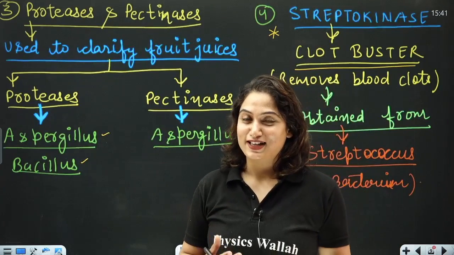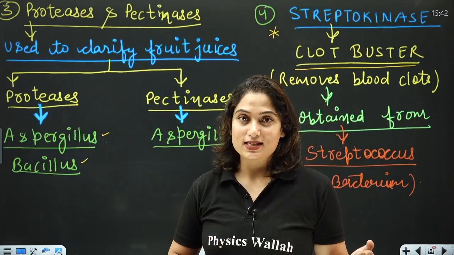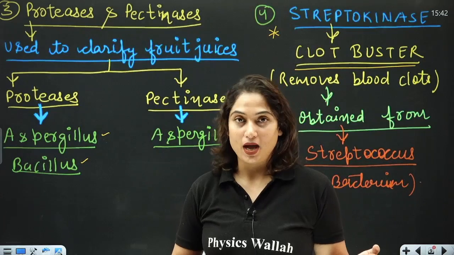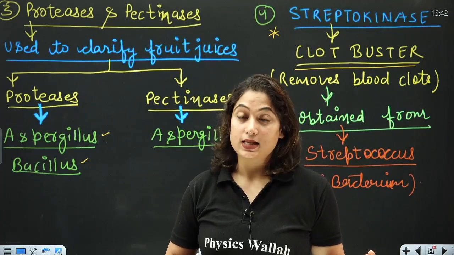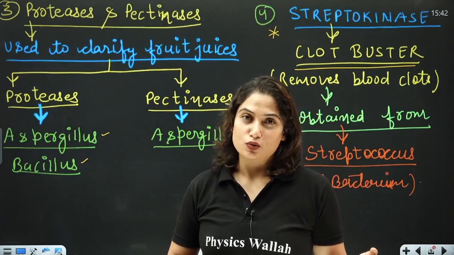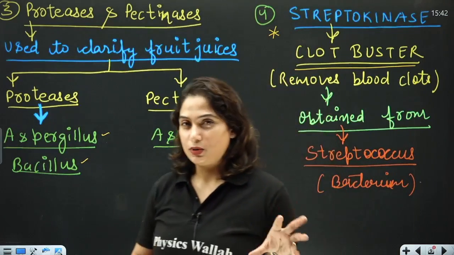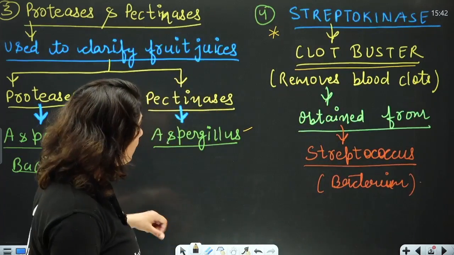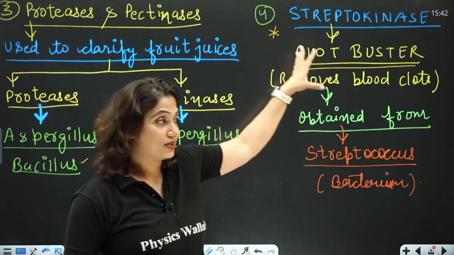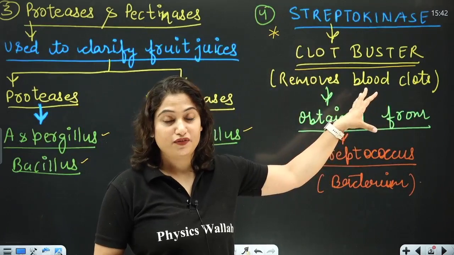So again, Aspergillus, right? Amylases, proteases, pectinases are all majorly obtained from Aspergillus. So Aspergillus is a pretty important fungi. Oh my God, this is a favorite of boards and a favorite of NEET.